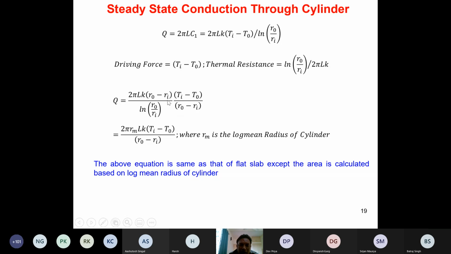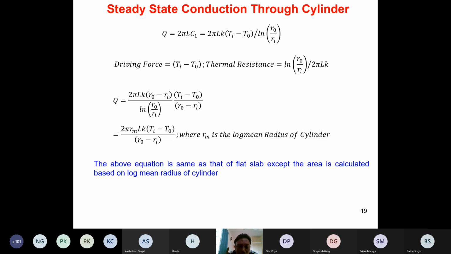If we do that, then this entire equation can be represented in a slightly different manner. R naught minus Ri divided by ln R naught by Ri is nothing but the logarithmic mean radius of the cylinder. If we represent this as Rm, where Rm is the log mean radius, then 2 pi Rm L will be the area, but this area is calculated based on the log mean radius of the cylinder.